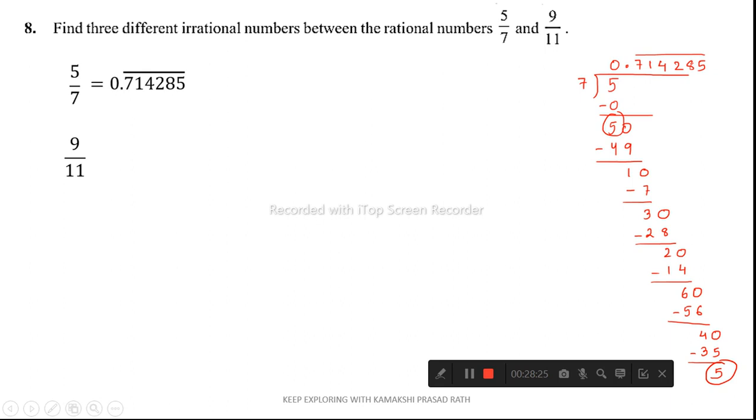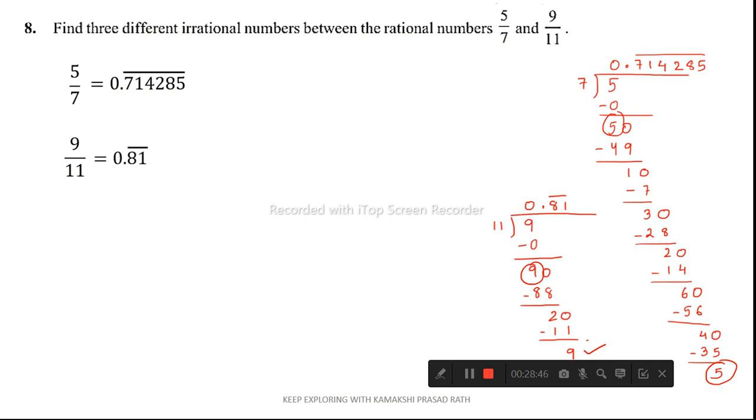So 5 by 7 can be written as 0.714285 with a bar over it. For 9 by 11, the remainder 9 repeats itself again, so we get 0.818181 and so on, that is 0.81 with a bar.